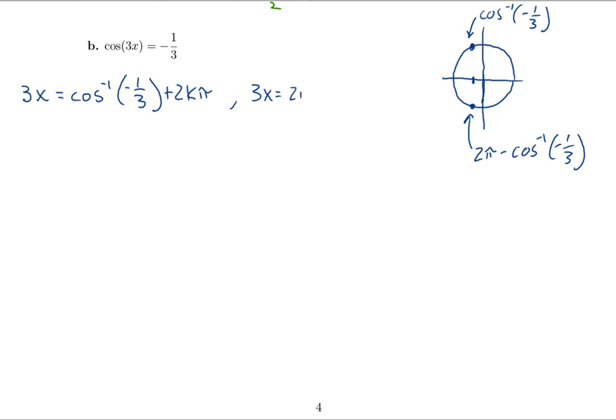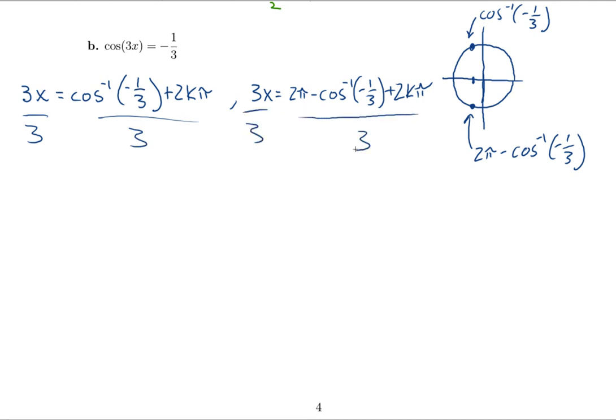So 2 pi minus the cosine inverse of negative 1/3 plus 2k pi. And so then I can definitely divide by 3 on both sides. So this is x equals the cosine inverse of negative 1/3 all over 3 plus 2k pi over 3.